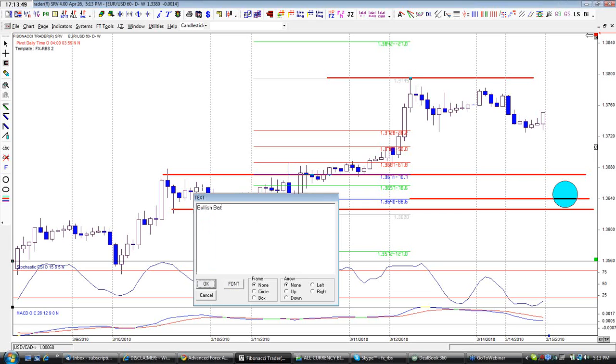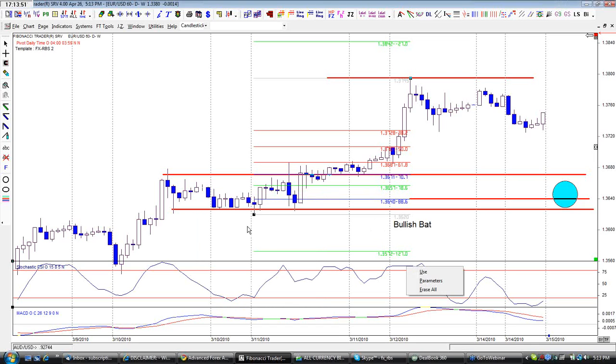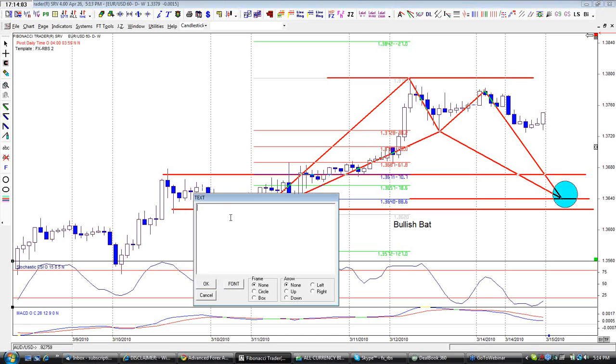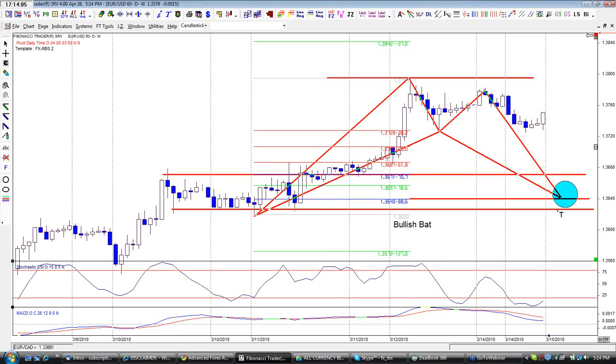We have a bullish bat, and I will draw the bat so it's a little more obvious. Now we have a bat with a D inside this area or support zone.